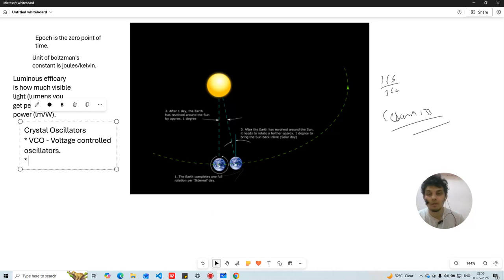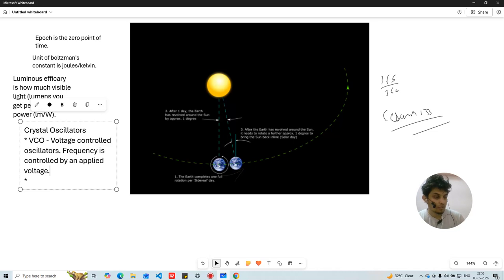Frequency is controlled by an input voltage.